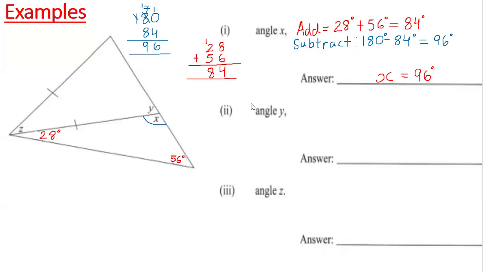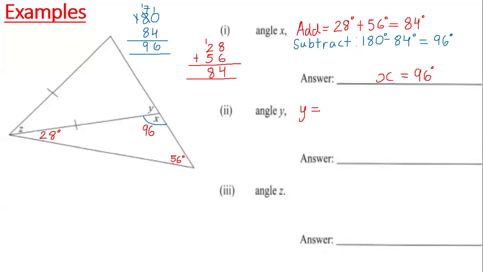What y'all got for Y? I got 84. We know X is 96, and the reason is because angles in a triangle equal 180. But what do we get for Y? 84.